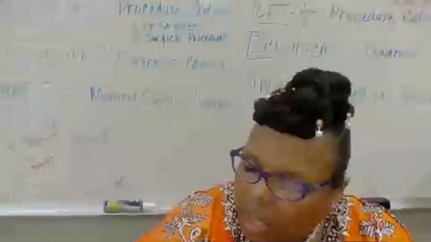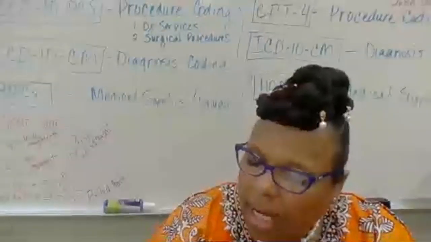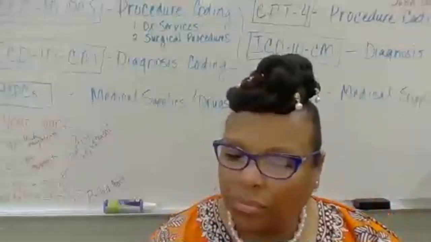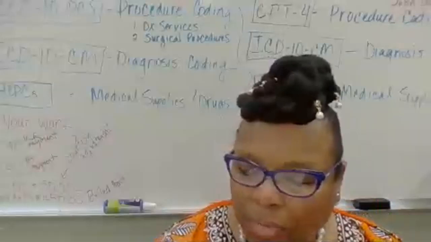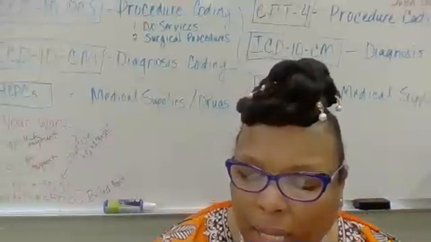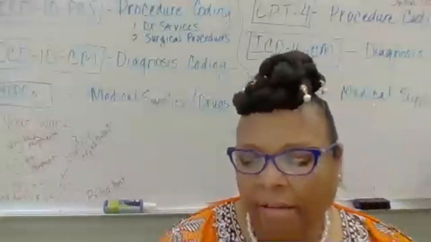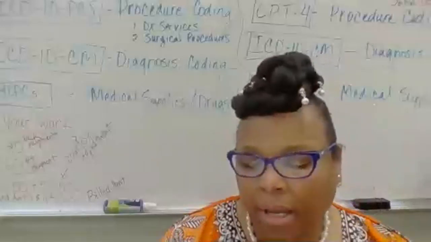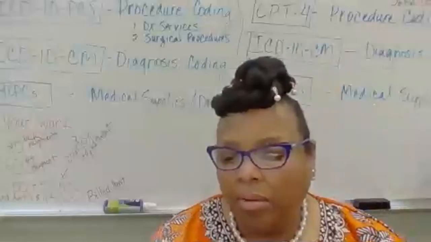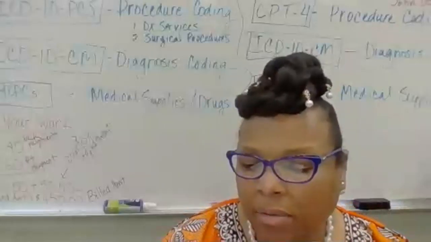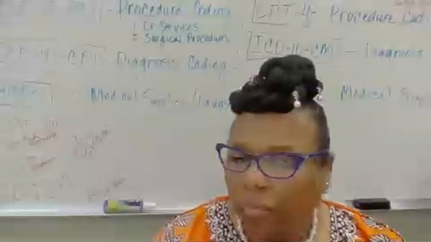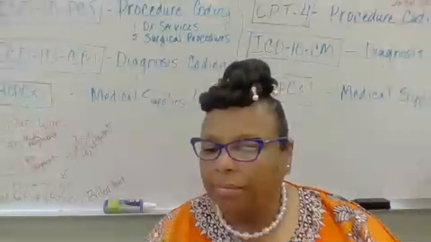Now, going back to this remittance advice, look at this remittance advice. Circle the allowed amount. You're going to always calculate the allowed amount. And you're going to always calculate the disallowed amount.